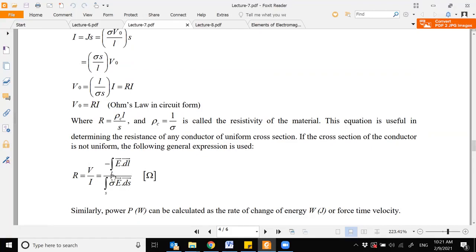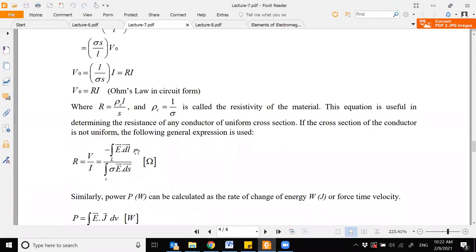That is again going from lower potential to higher potential. What is the current? Current is nothing but the integral over the surface of the conduction current density J bar dot ds. Instead of J bar, I am writing sigma E bar dot ds.